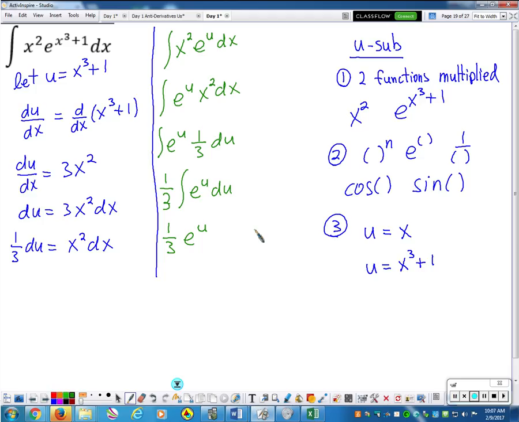And then you put the u back in, so it's 1/3 e to the x cubed plus 1. And if I take the derivative of what's in the green box, I will find the expression that I've now circled in orange. Question? Outstanding.